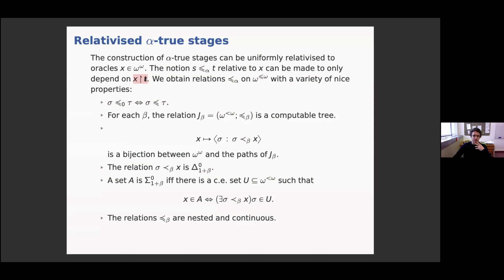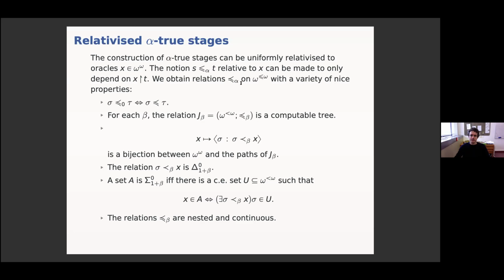But you can also make it so that the relation appears true at stage t depends only on the oracle up to t. This is nothing special. This is the standard argument that, before stage s, no numbers smaller than s are enumerated into any kind of C set and so on. So what that means is that now, if this only depends on x up to t, then I can forget about the stages and just look at the relations on strings, right?